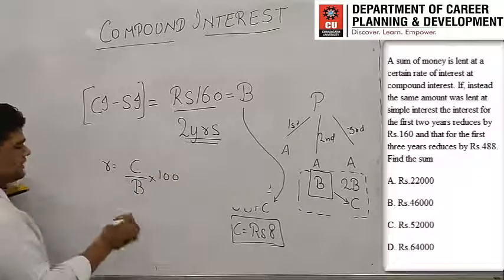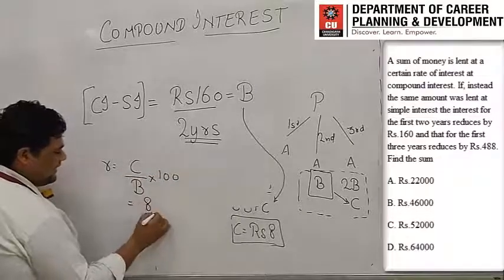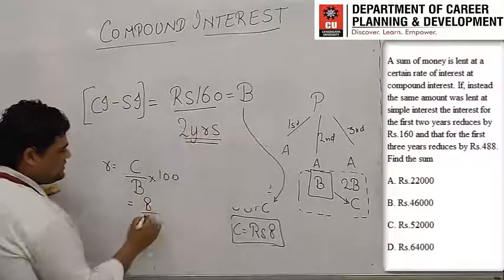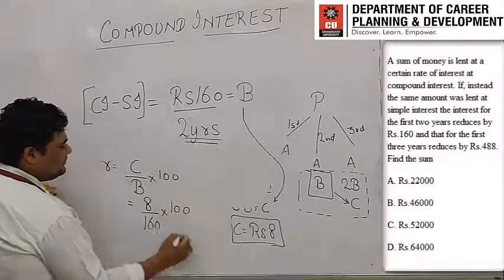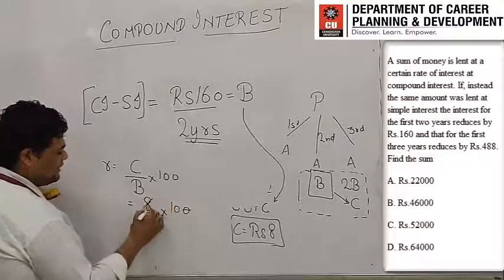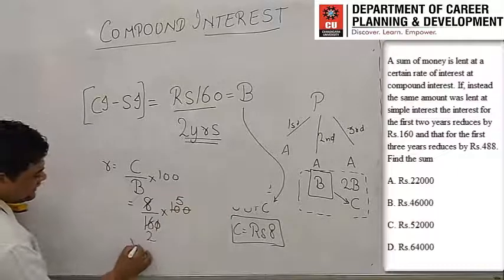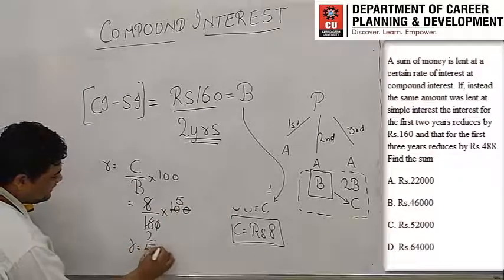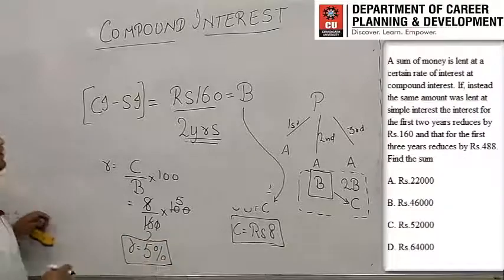C is 8, B value is 160, multiplied by 100. If you solve this, the value of rate comes out to be 5%. We have the rate of interest as 5%.